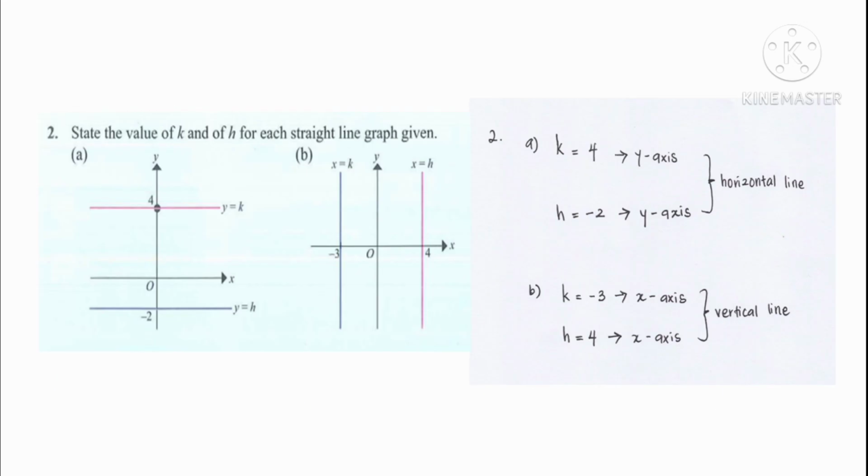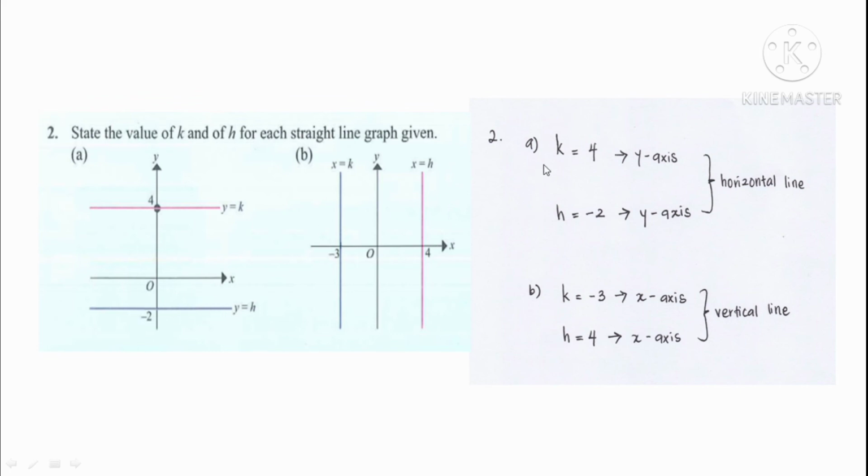For the second question is 2a. So you have to state the value of k and h, right, for each straight line graph given. So for A, this straight line crosses the y-axis where it produces a horizontal line, right? The same goes for the blue one here.